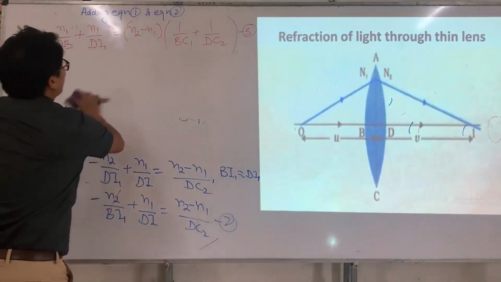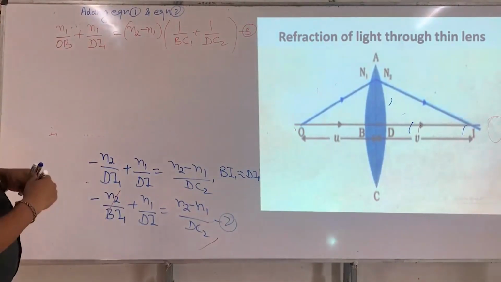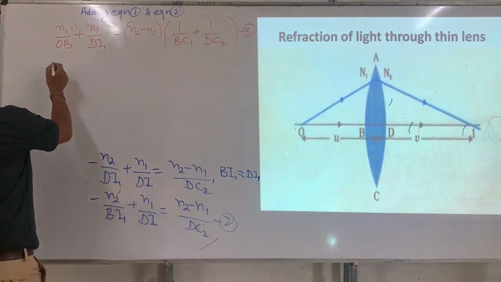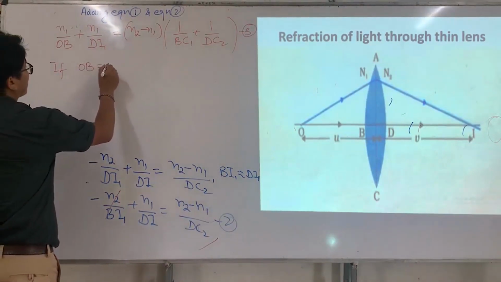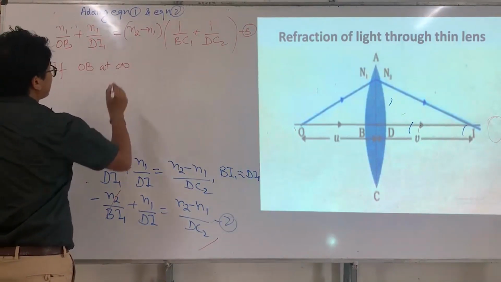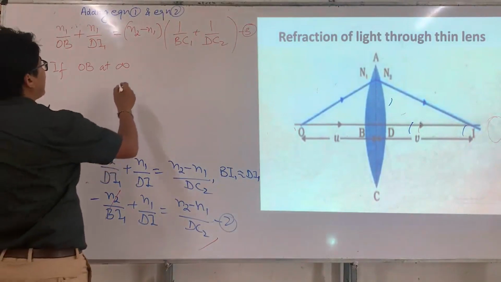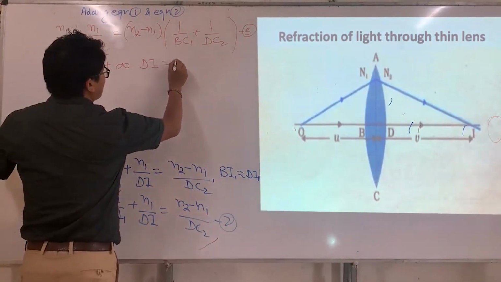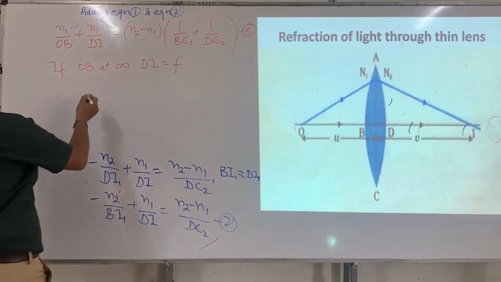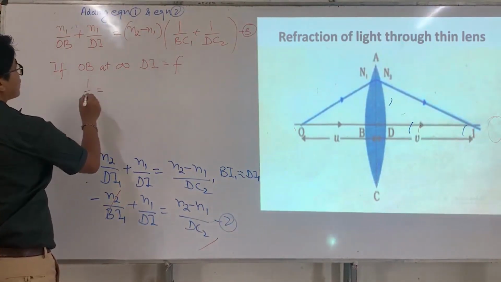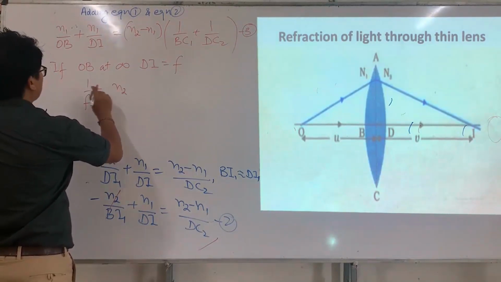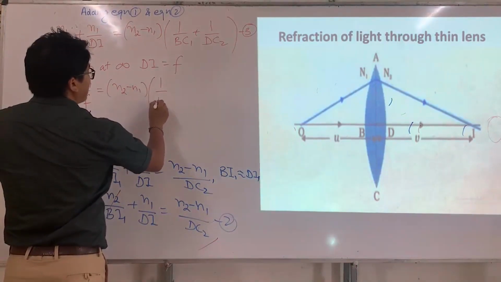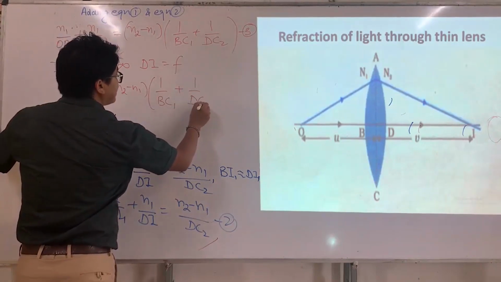Now what I'm going to do with equation number 3: if OB is at infinity, then di, not di1, I'm sorry, di must be equal to F. Having this, I write 1 by F equal to, I'm sorry, here we have n1, and 1 by bc1 plus 1 by dc2.